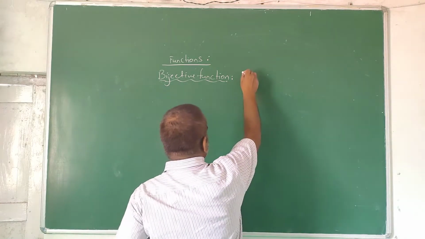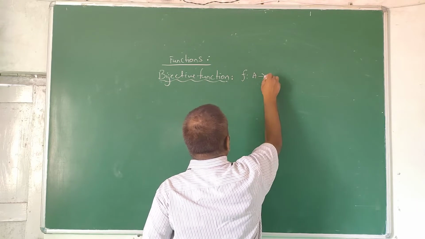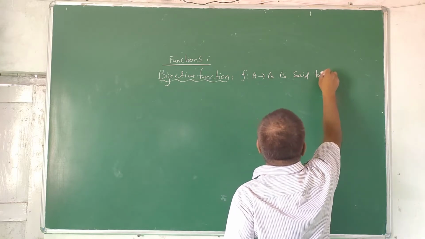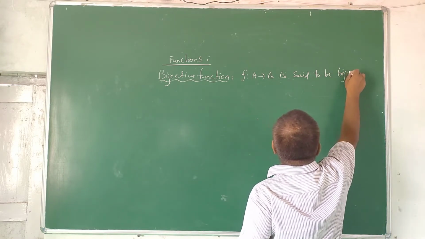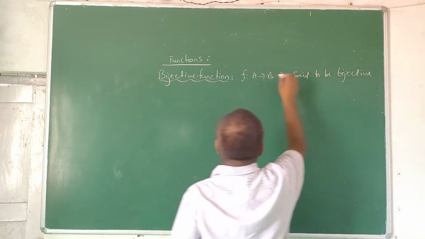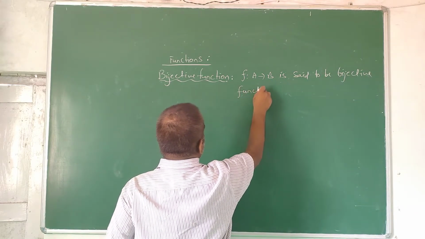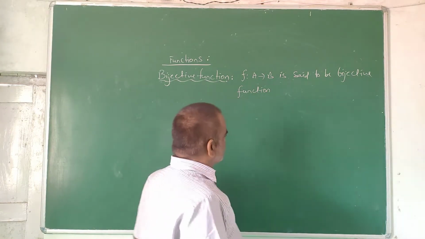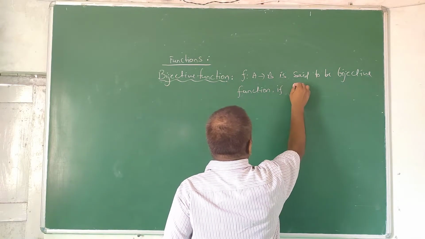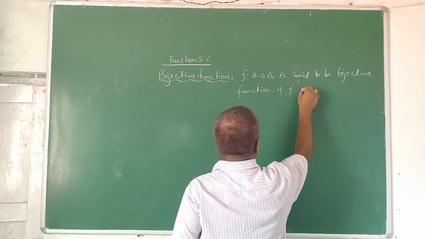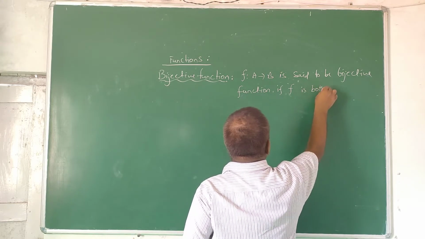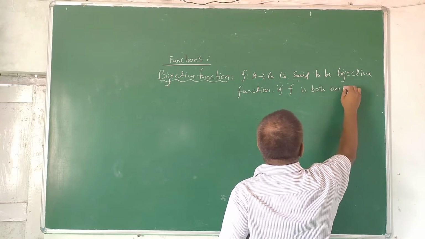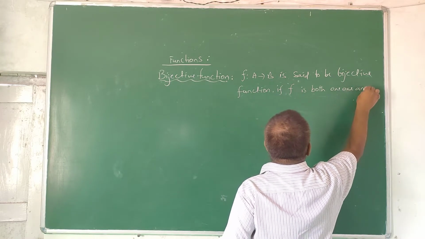So f maps A to B is said to be a bijective function if f is both one-one and onto function.